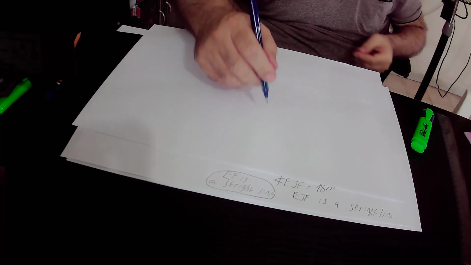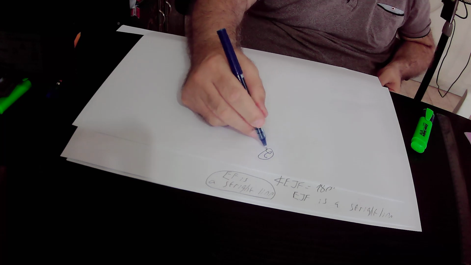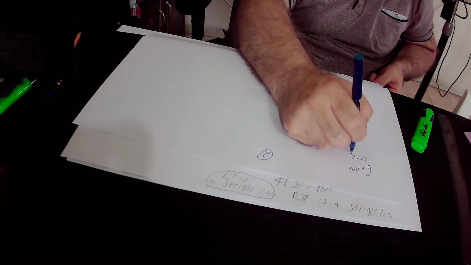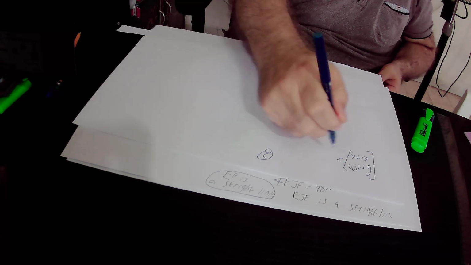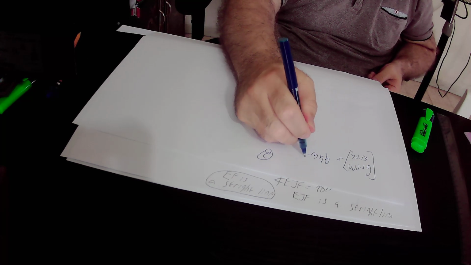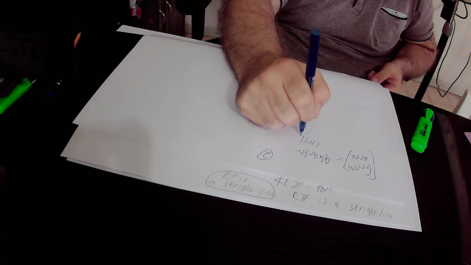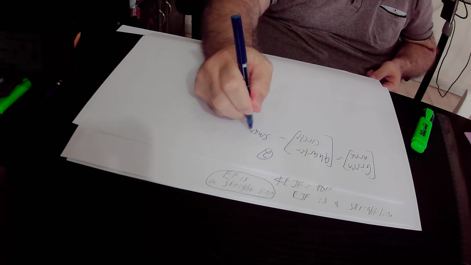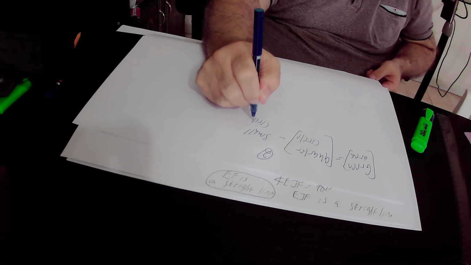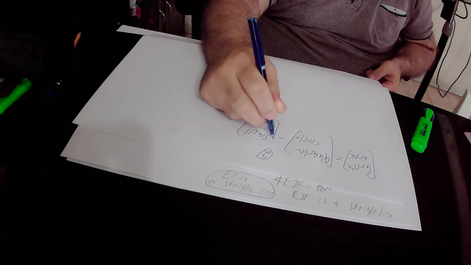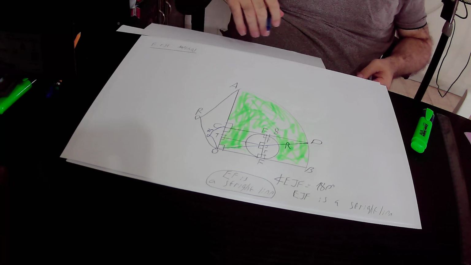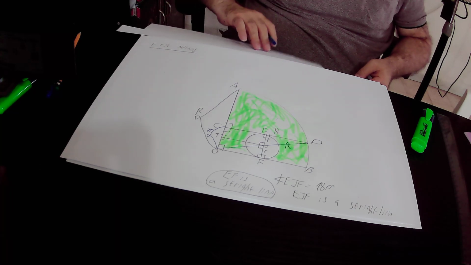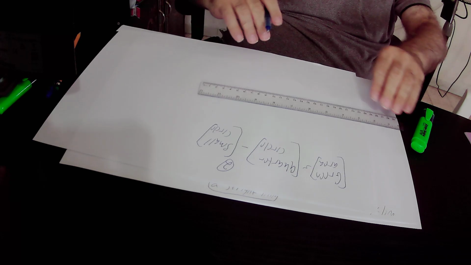The area that we are looking for is the green area, and the green area is equal to the area of the quarter circle minus the area of the small circle.